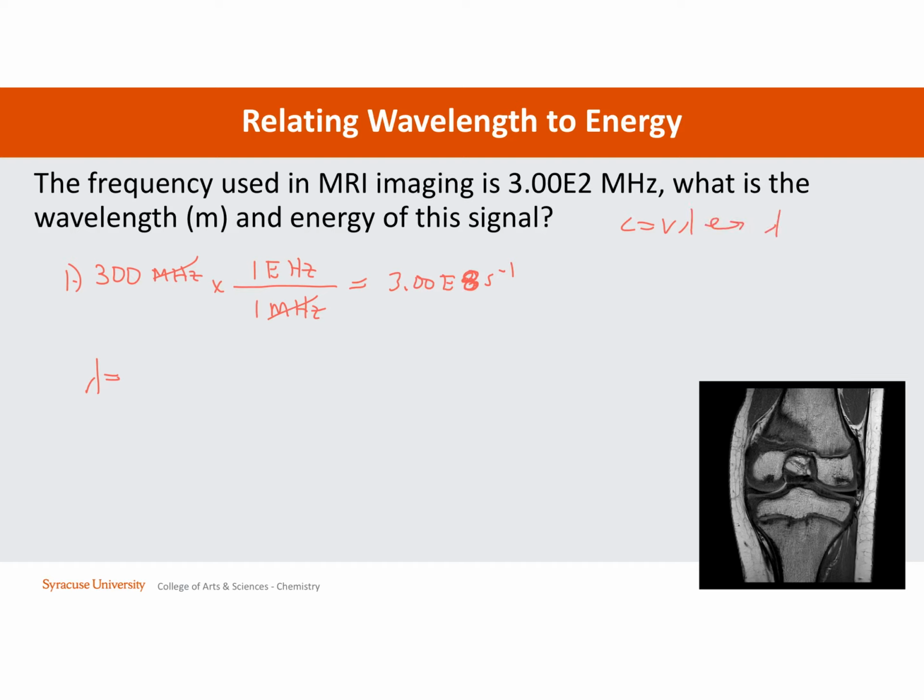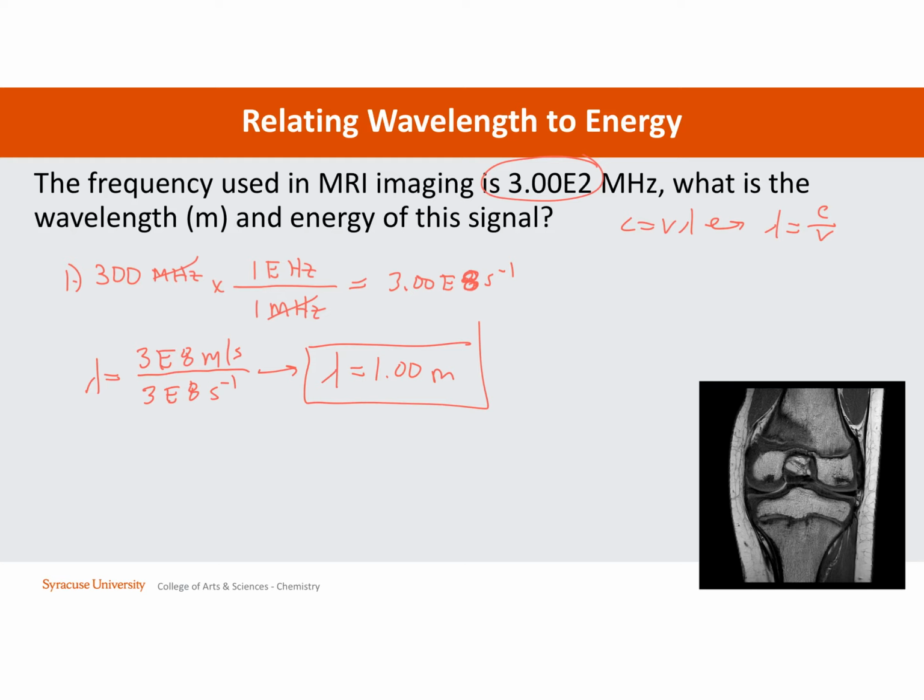Rearrange that equation: wavelength equals the speed of light divided by my frequency. Speed of light is 3 e to the 8th meters per second, and my frequency is also 3 e to the 8th inverse seconds. So my wavelength is actually 1 meter. 3 significant figures in this answer because I have 3 significant figures in the frequency.